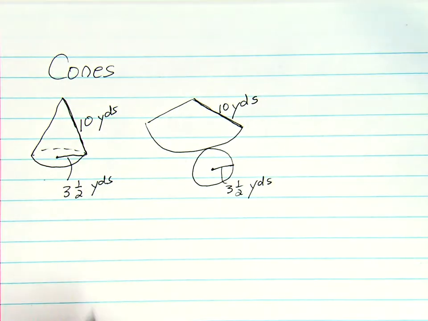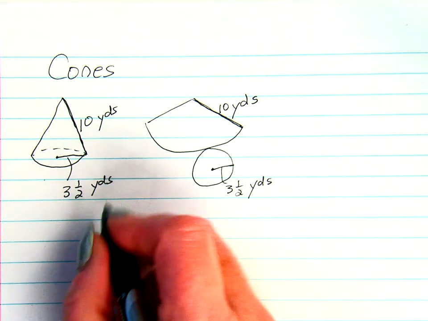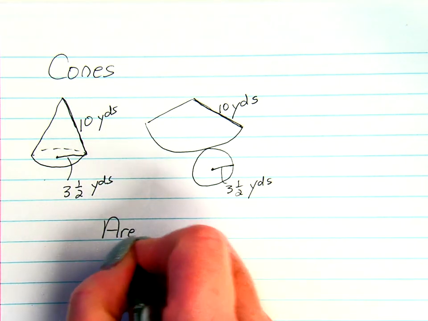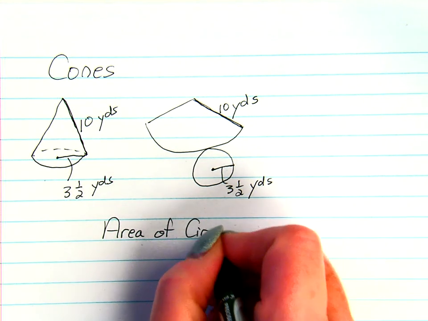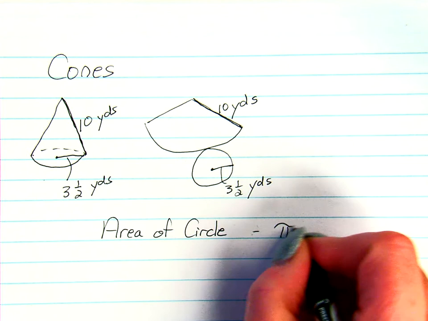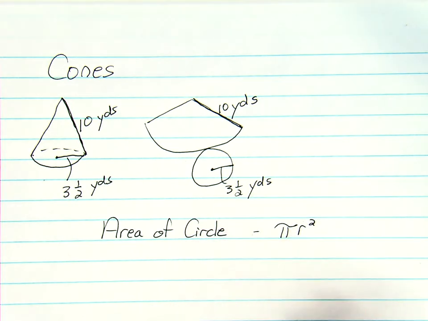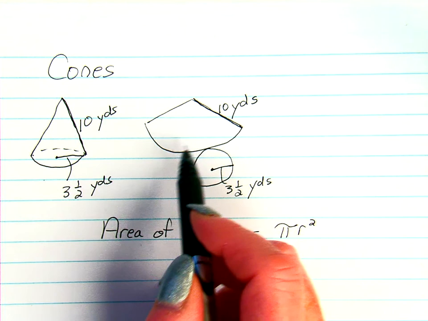In the case of the cone, we need the area of a circle, which is pi times the radius squared. And then the area of, I don't even know what to call that shape.